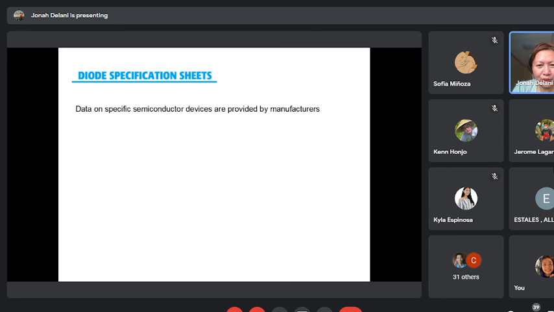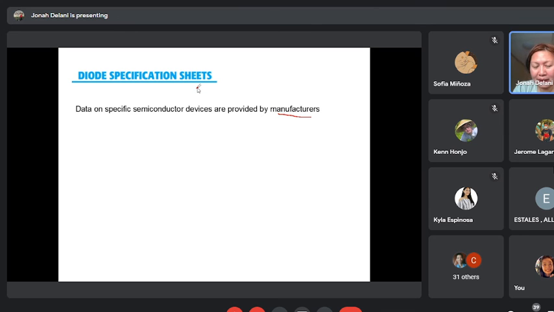The manufacturers of diodes provide specification sheets about their product. Before, the manufacturer had a book containing all their products, including the characteristics of its components.